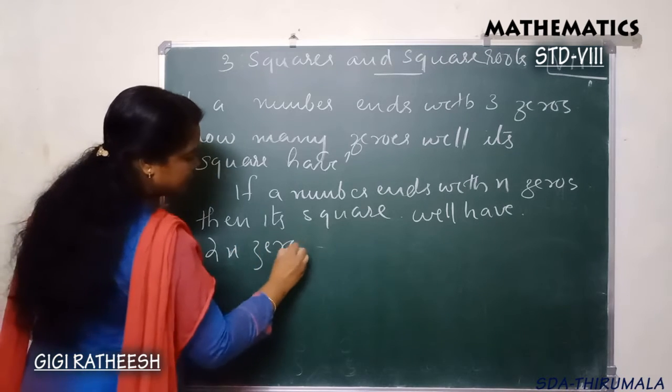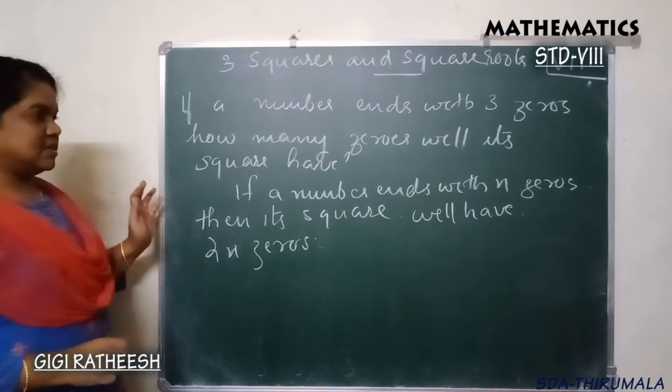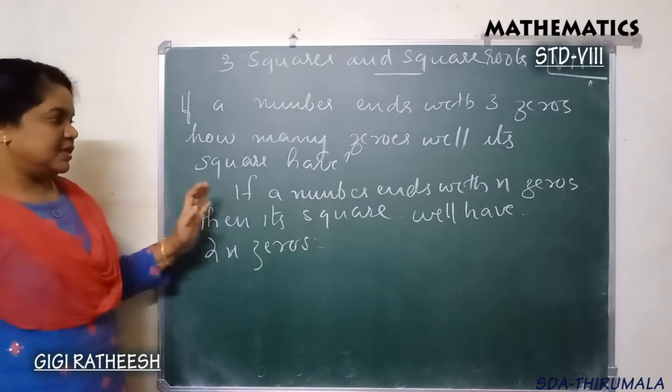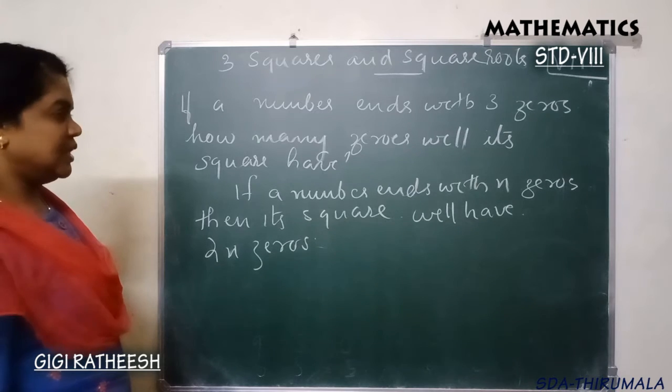We studied this in a previous property: if a number ends with n zeros, then its square will have 2n zeros.